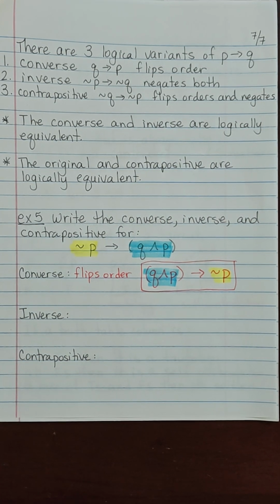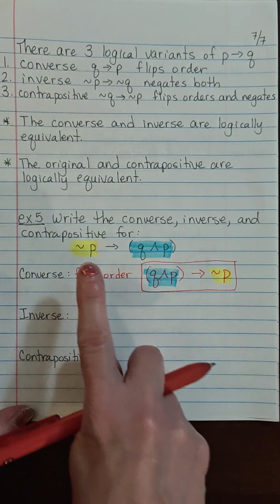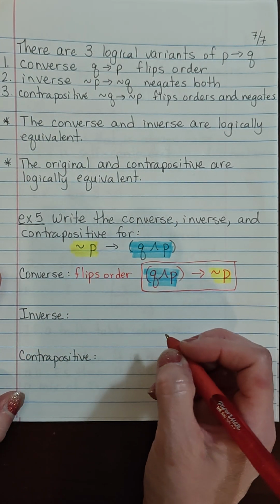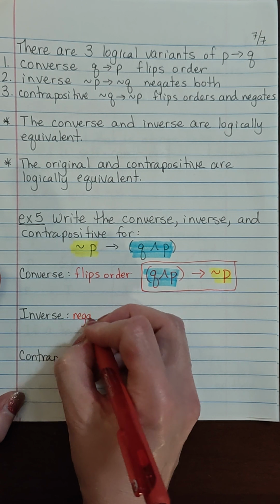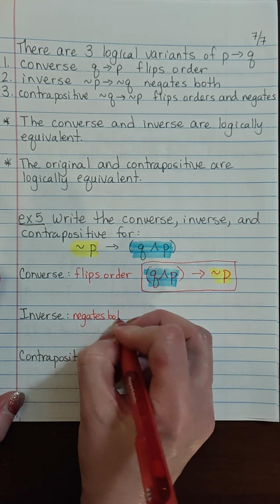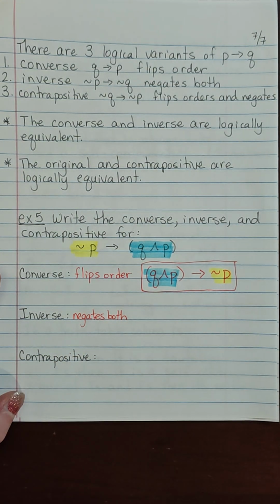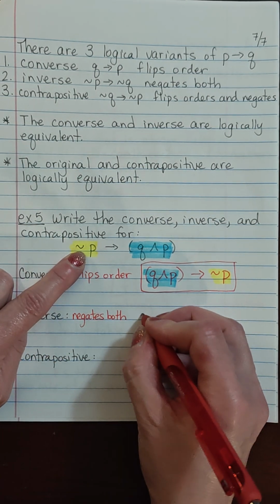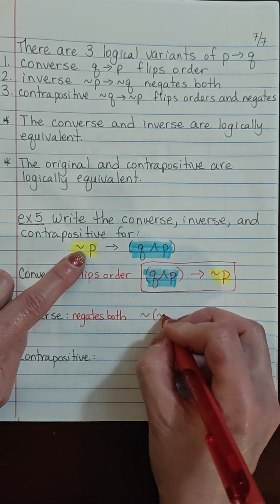The inverse is going to negate both of those in the original order. Okay, so I'm going to leave this in the original order, and this is going to negate both. All right, so negates both. So then I'm going to take this first thing and I'm going to negate it.